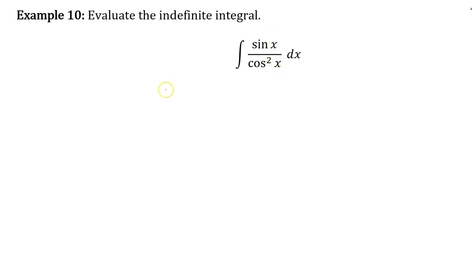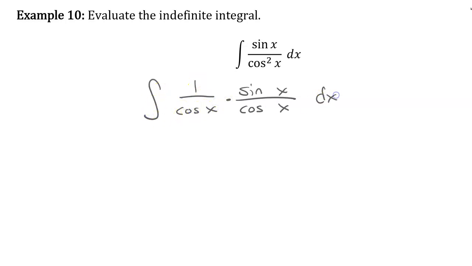So how about let's start there. If we take out sine over cosine, that'll leave me with 1 over cosine. And sine over cosine is tangent. 1 over cosine is secant. Oh, that's a bit better.